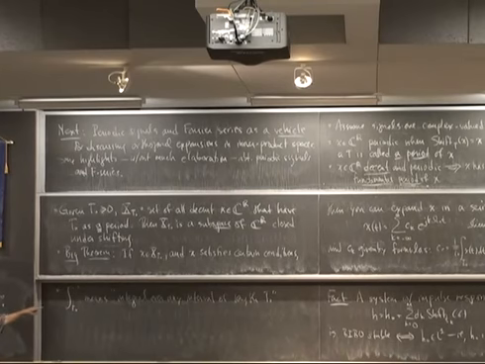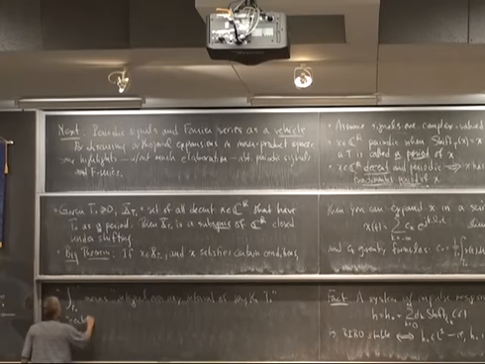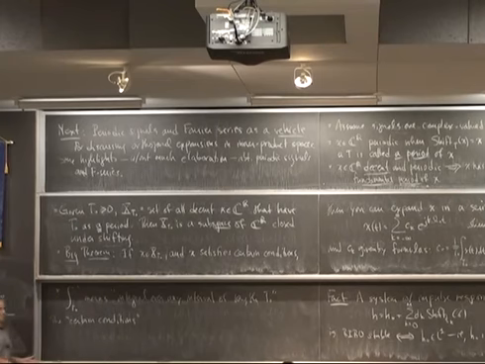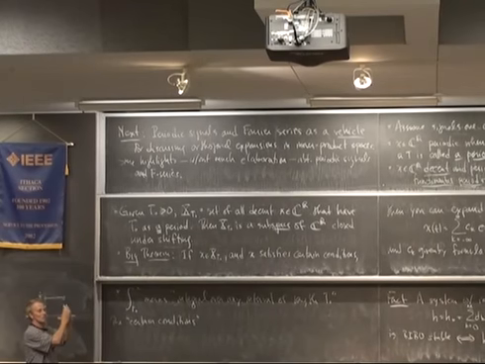The certain conditions, and I'll just tell you what they are, basically. x is decent, and in the intervals between jumps, it's what's called piecewise differentiable. You can have corners, you can't have cusps.